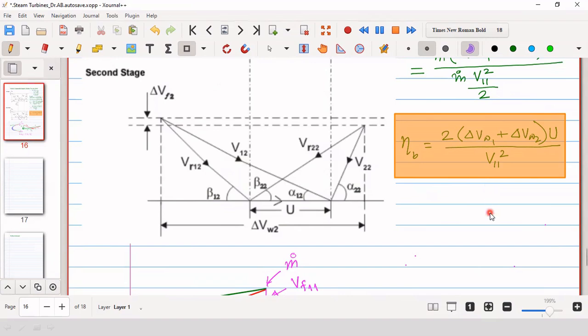So that is the blade efficiency, and accordingly we can derive by doing that same mathematical thing. We will not do it again, but you can do it for maximum efficiency. What is the condition? And that can be done again for maximum efficiency.